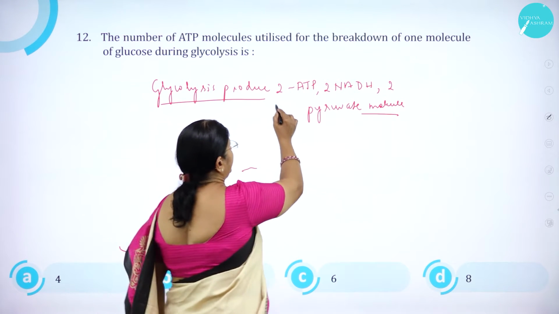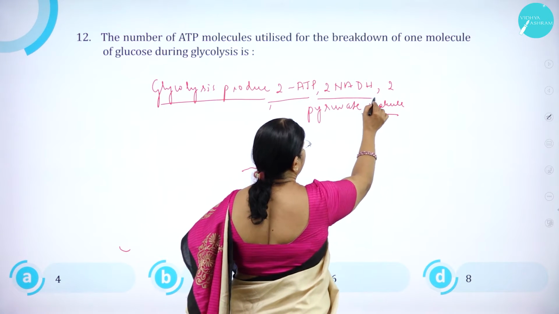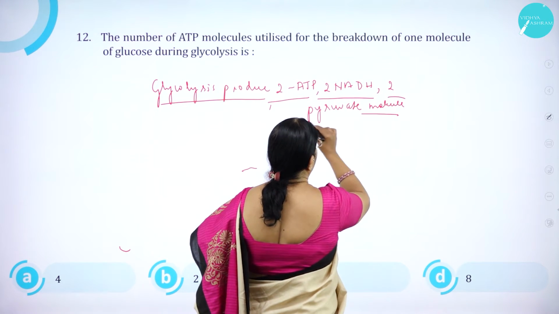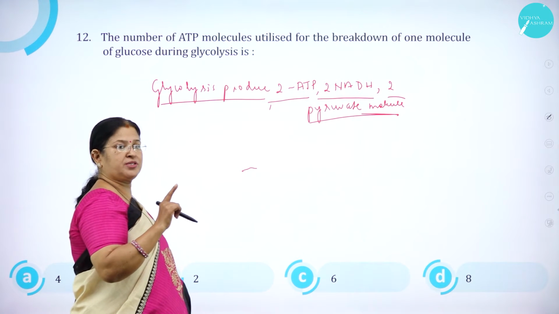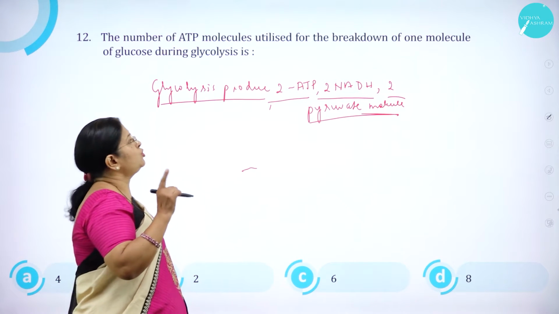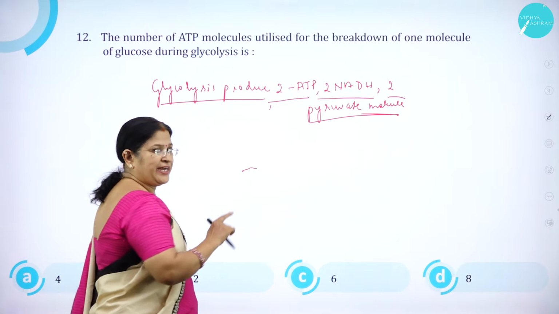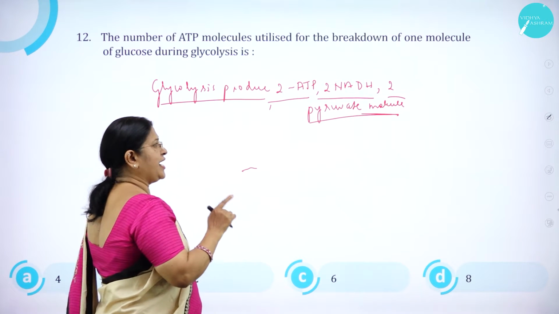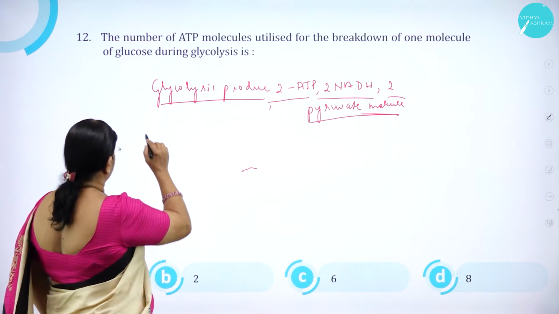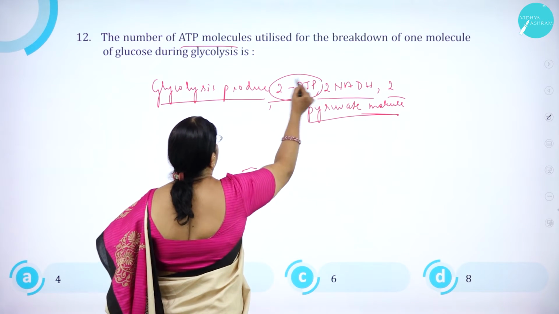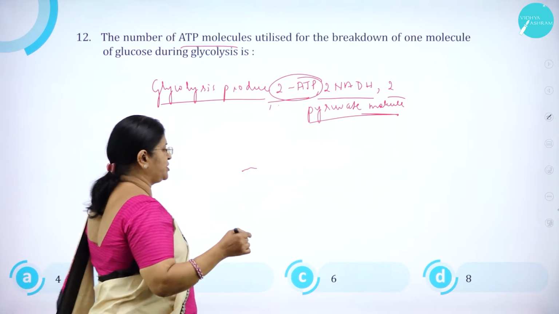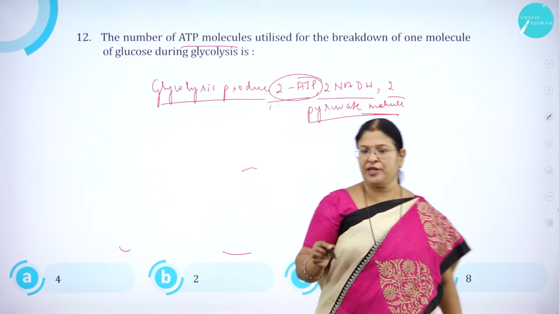So 1 glucose molecule during the process of glycolysis produces 2 ATP molecules, 2 NADH and 2 pyruvate molecules. So the number of ATP molecules, how much? 2 ATP molecules. So which is the option which is having 2 ATP molecules?